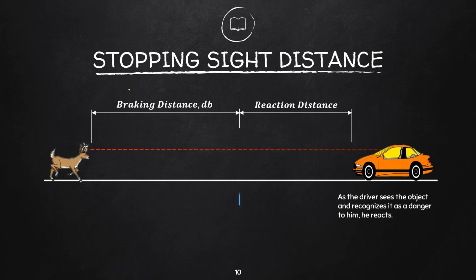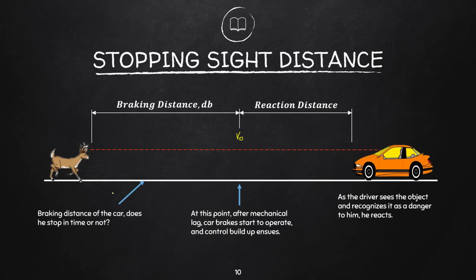So here, at this point, the mechanical lag, after the mechanical lag, the car brakes start to operate and control build up ensues. So at this point, we measure V sub 0 for the braking distance. At this area, the braking distance of the car is measured.